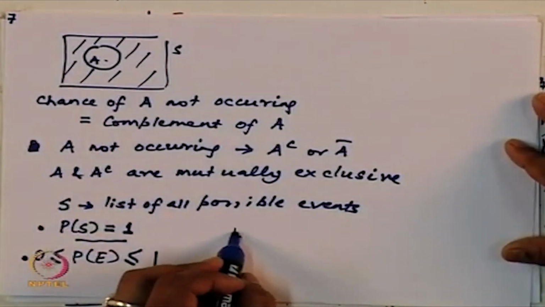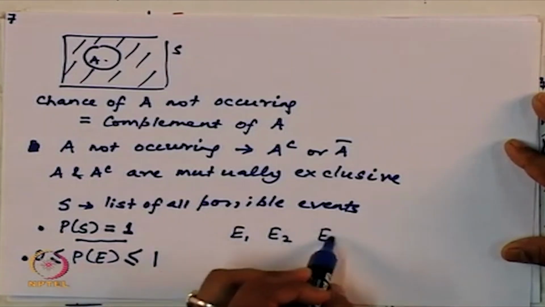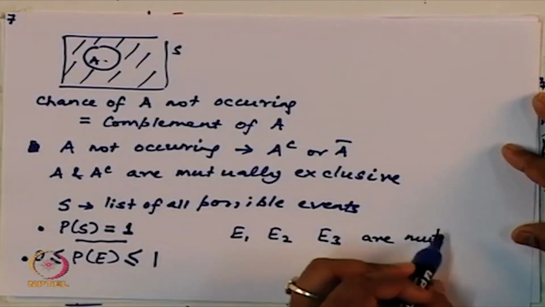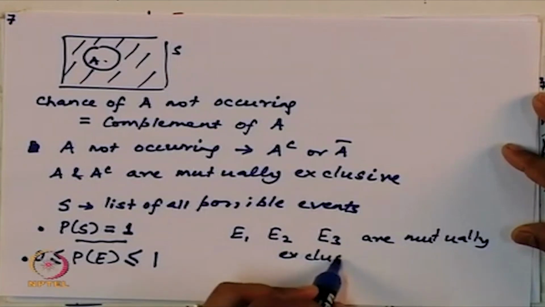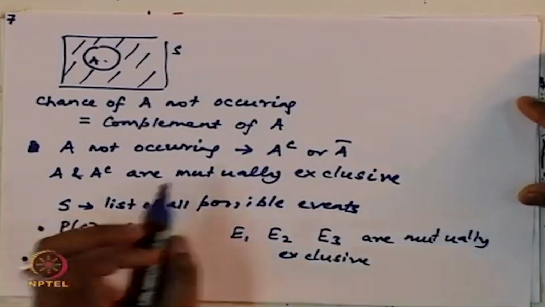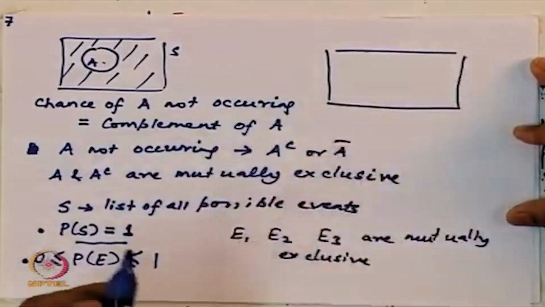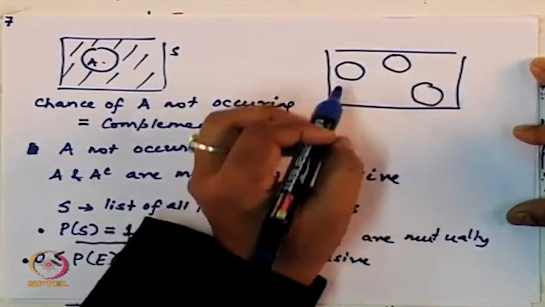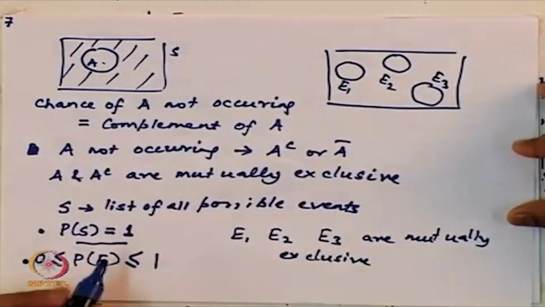Let us say E1, E2, E3 are mutually exclusive. How will I represent E1, E2, E3? If they are mutually exclusive, this is my event E1, this is my event E2, this is my event E3.